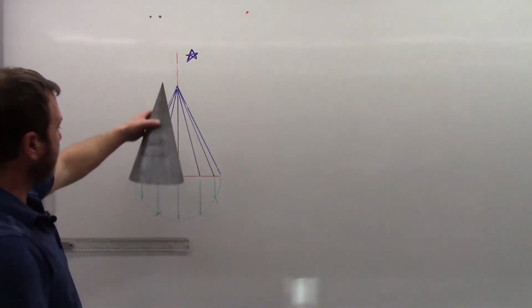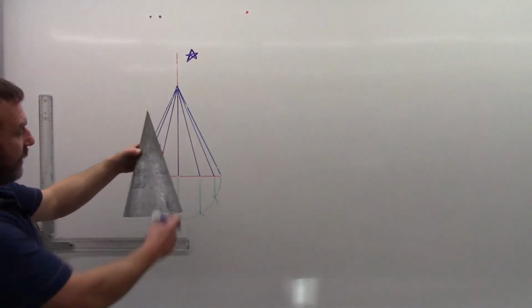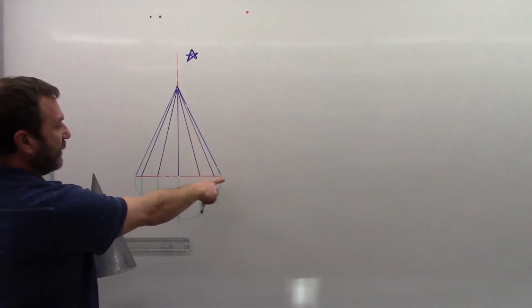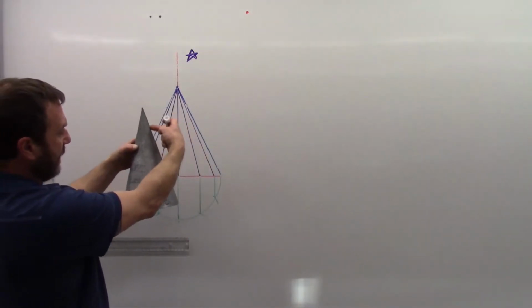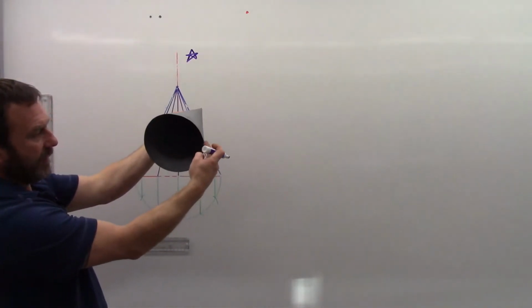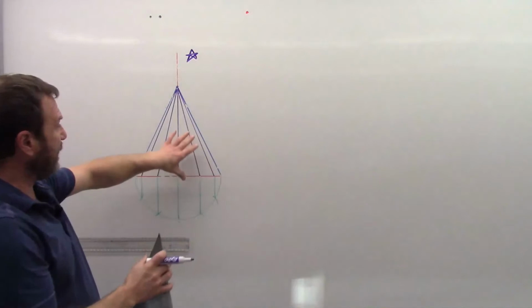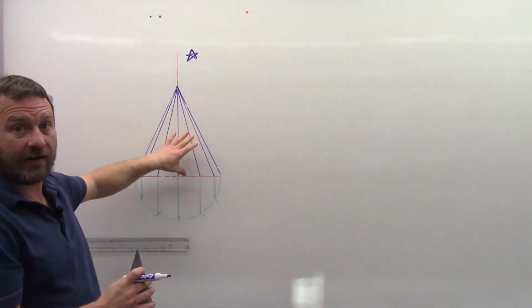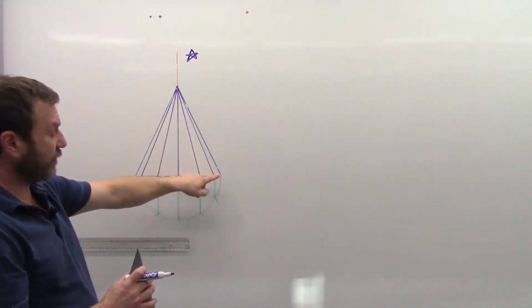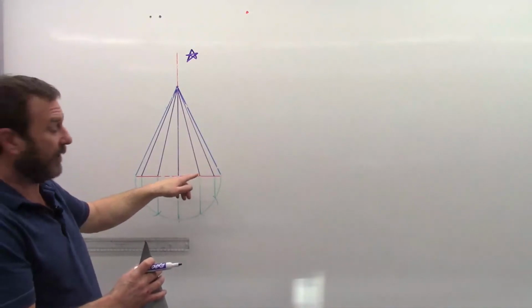And when we look at our sample, and we imagine here's our sample, right? Look at the blue line. The blue line is representing the very outside edge, like right up the edge here. And it is the line in the elevation view that we refer to as true length.